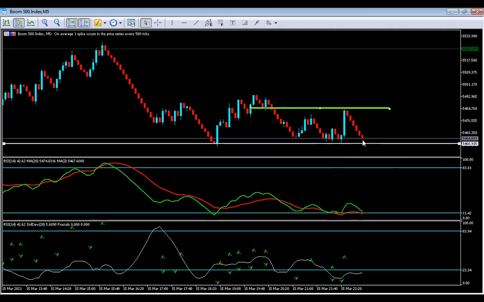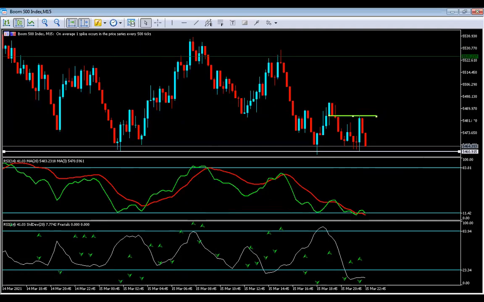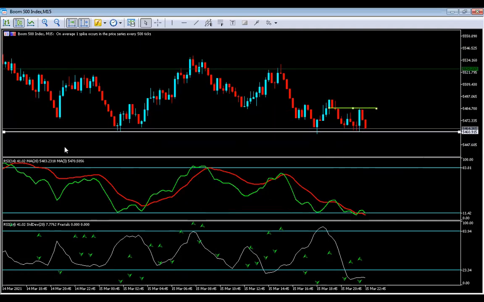Now, if this market comes down and breaks through this support zone, then there's a tendency that this market is really ready to sell hard. For you to confirm, you can go to a much higher time frame and watch the history.